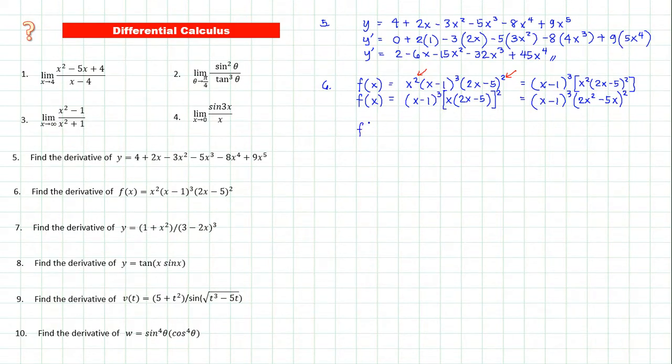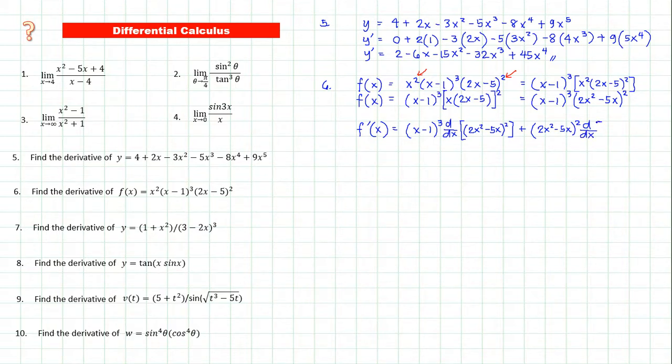So yung ating f prime of x is equal to the first function which is (x minus 1) raised to the cube times the derivative, hindi ko muna isa-solve, with respect to x, ng ating second function which is (2x squared minus 5x) squared, plus the second function, kopyahin ko lang yan, (2x squared minus 5x) quantity squared times the derivative of the first function.